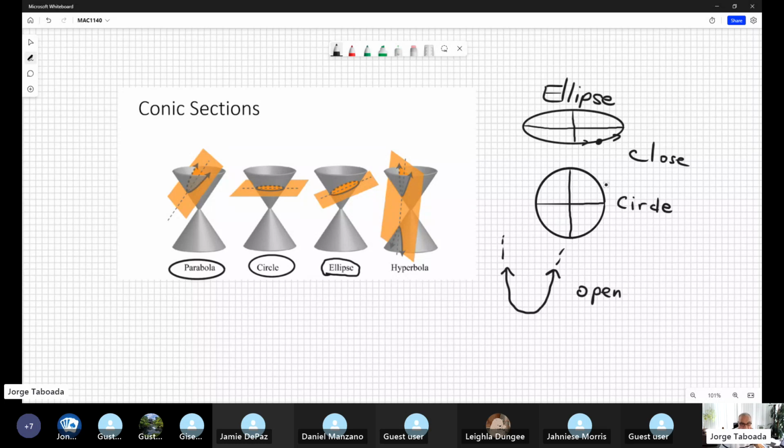This is a parabola, and hyperbola is also similar, open, but you contain two branches. This is hyperbola, and this is parabola. We are discussing in detail today everything about this concept.